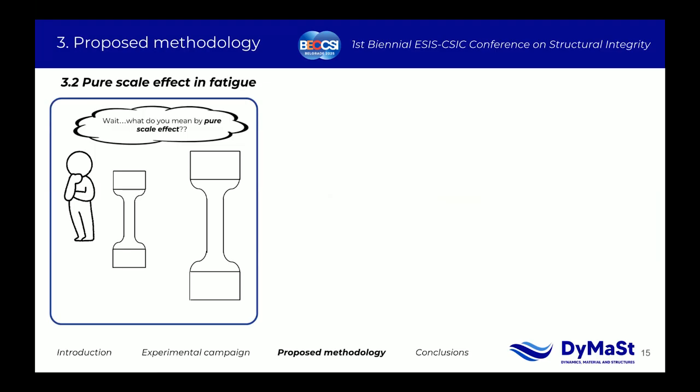The idea is that using the weakest link principle, we can go, for example, from the S-N field obtained for the specimens on the left side of the slide to the other specimens. In these cases, we can directly introduce the scale effect, as the only change we made between the different specimens is the size, but we have to take into account that both sizes are uniformly subjected to the critical parameter, the stresses, for example.